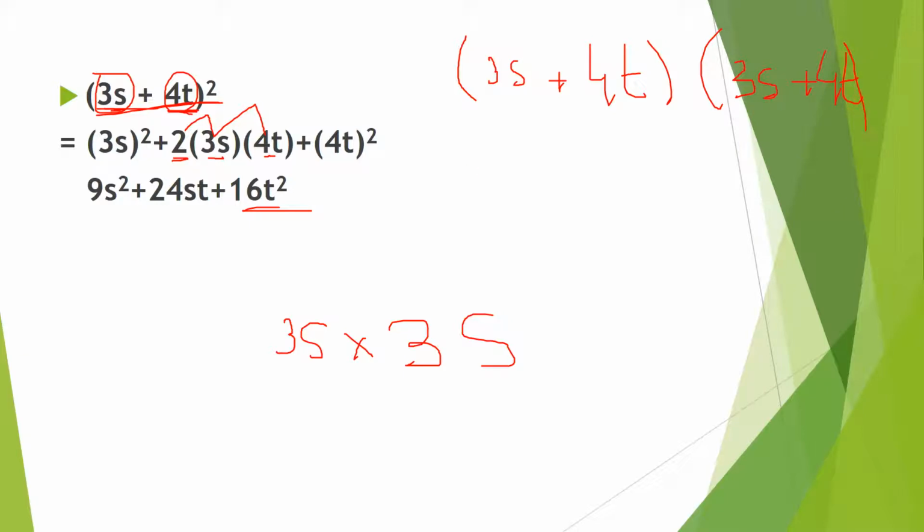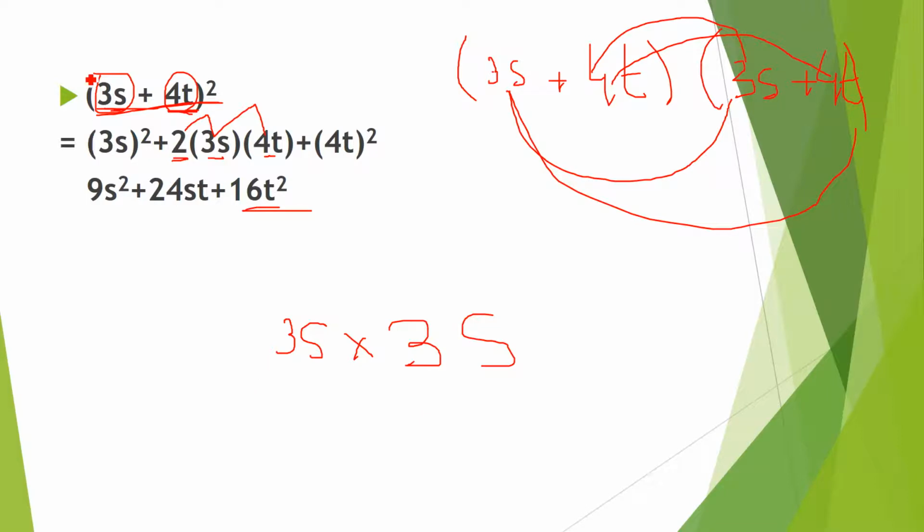If you multiply these, it means this is 2 times, 3s plus 4t whole square. If you want to try, just multiply 3s with this 3s, then with this 4t, then 4t and 3s, 4t and 4t, you will get the same answer.